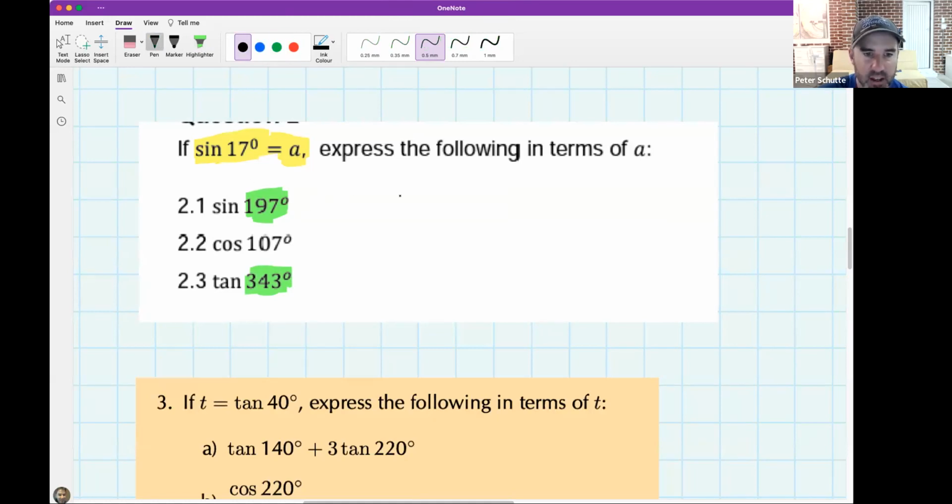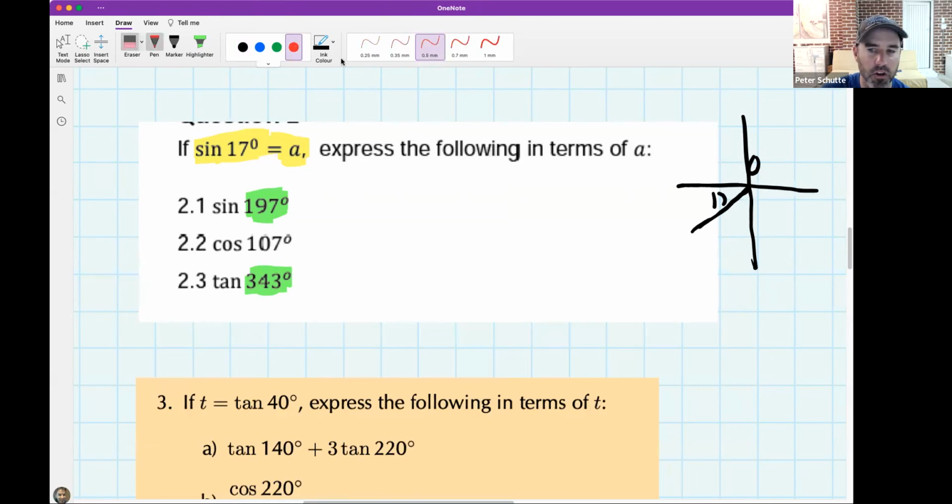Okay, so if you think of the sine of 197, the nearest horizontal is going to be in quadrant 3. And so if you imagine 197, it's made up of 180 for this part, and then 17 for that part over there.